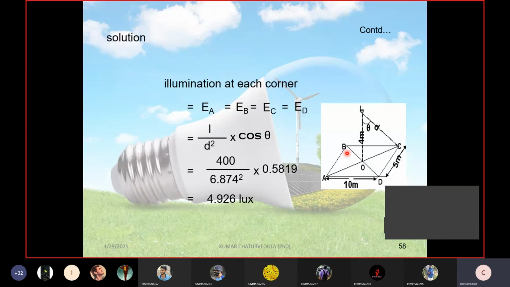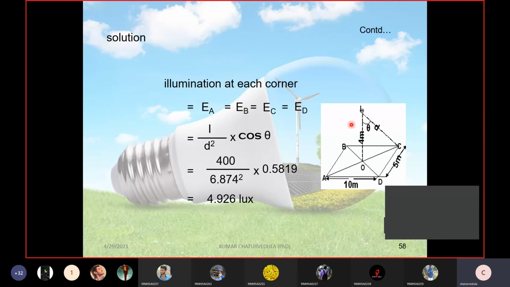Since we are assuming the light is at the center, the illumination lux is constant for all the corners of the room. Practically it sometimes differs, but theoretically we assume the illumination at each corner is the same.